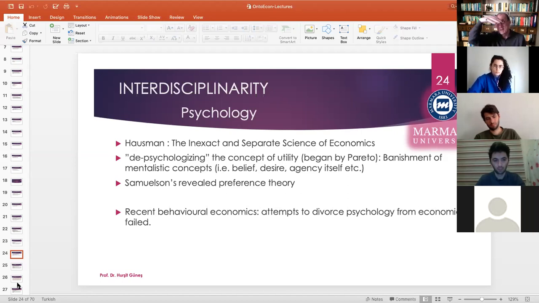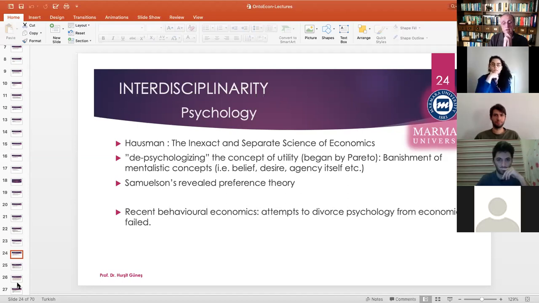But Tony Lawson is another dimension. Yes, he's in Cambridge. He is a more sophisticated guy. His contributions are, in a sense, much more important. But Hausman is probably the number one guy in general philosophy of economics, and he has a book called The Inexact and Separate Science of Economics. In other words, he discusses whether economics is completely separate as an economic science or not.